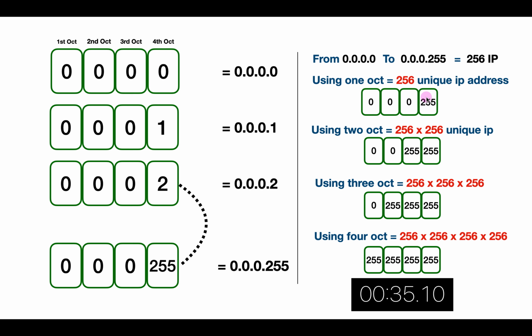Then it reaches 255 again, and the next becomes 2, and so on, like a speedometer or a stopwatch. It starts from 0 and reaches till 255.